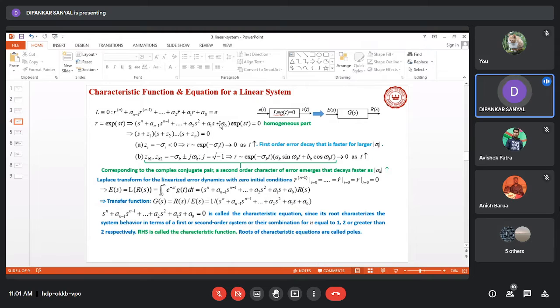And as we have already seen here, the roots of the characteristic equation are of fundamental importance. If all the real parts are negative, then it gives rise to a stable system.